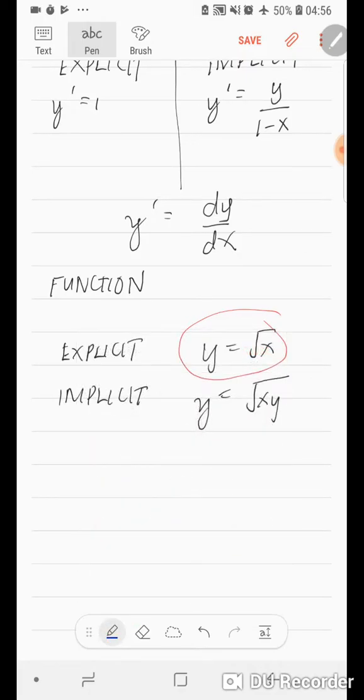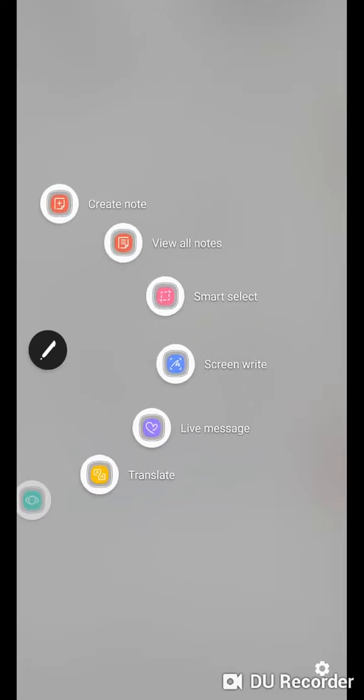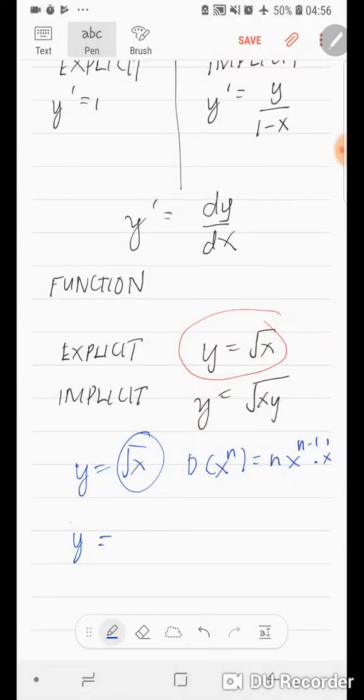Let's choose blue. y is equal to square root of x, so we know that we can still apply the chain rule. So the derivative of a variable raised to an exponent, we have here n times x to the power of n minus 1 times the derivative of your x. So let's make it more simple: y is equal to x to the power of 1/2.